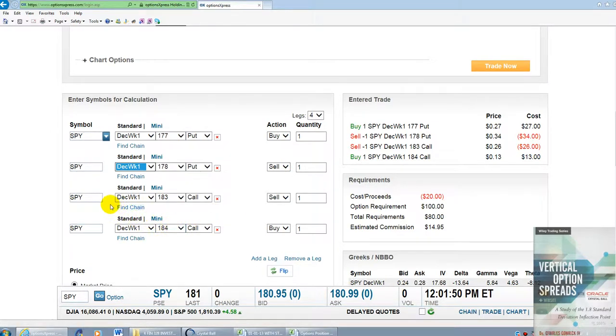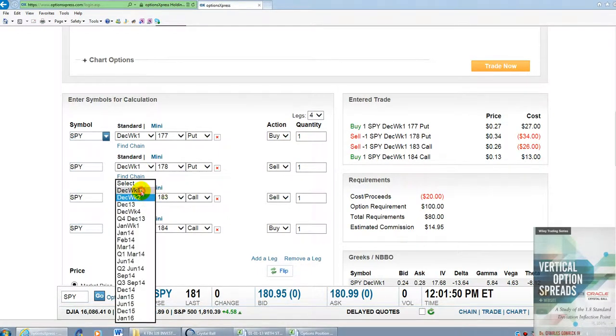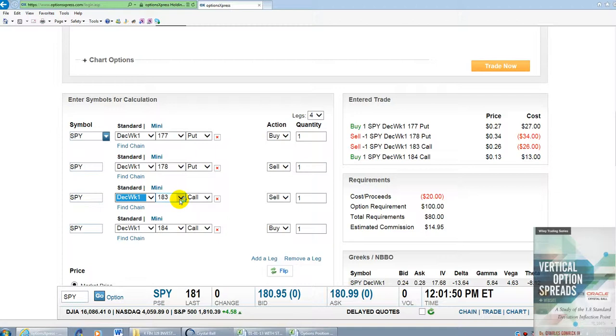Now I went over the top, to a SPY, again expiring week 1, 183 call, and I want to sell one. And finally, to cover the position, I bought a same expiry 184 call.